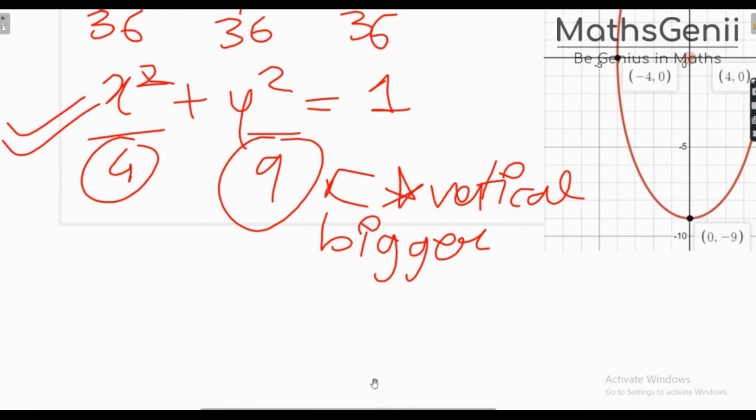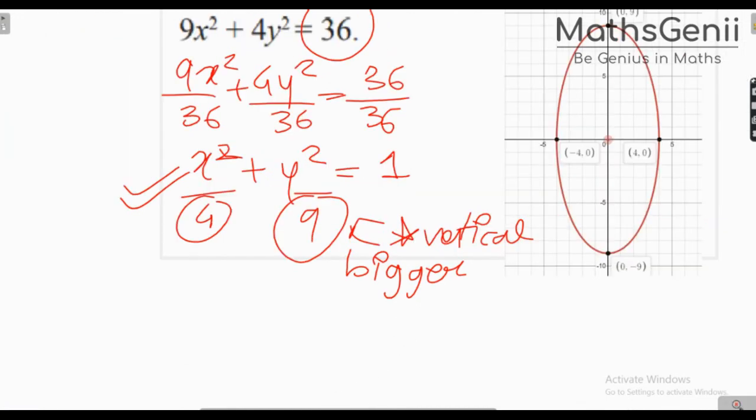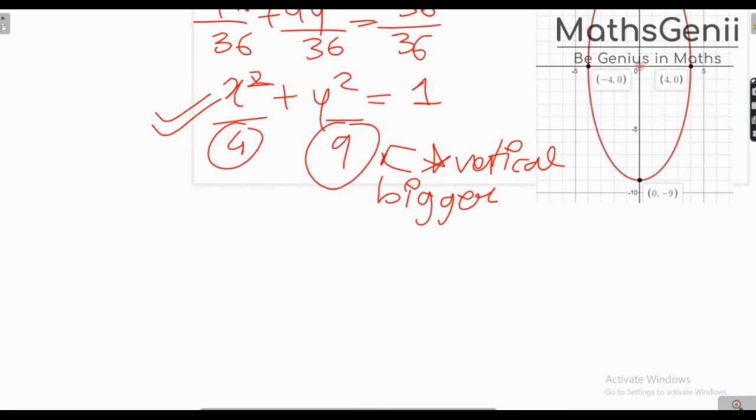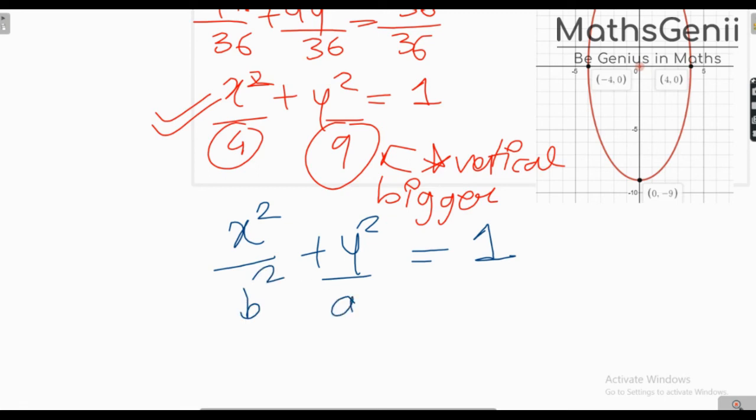Now compare with the standard formula for a vertical ellipse. What is it? It is x square upon b square plus y square upon a square is equal to 1. This is the standard formula.